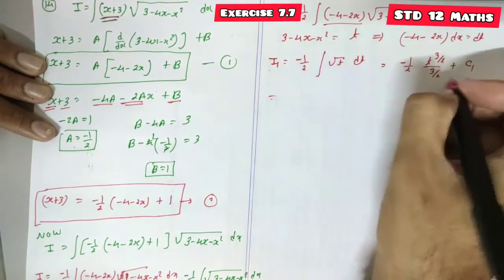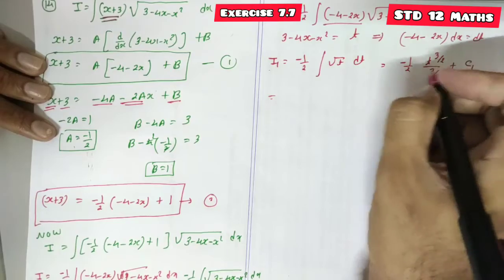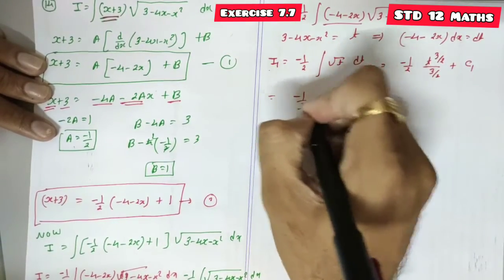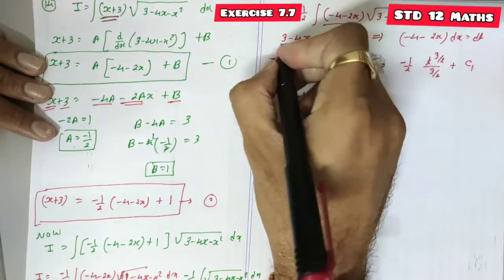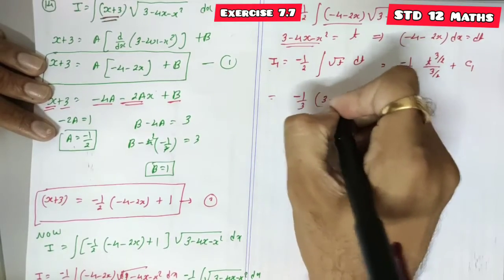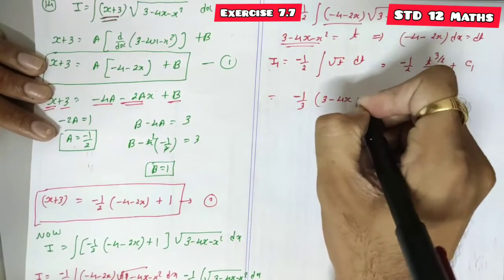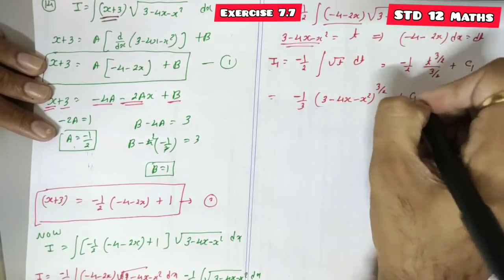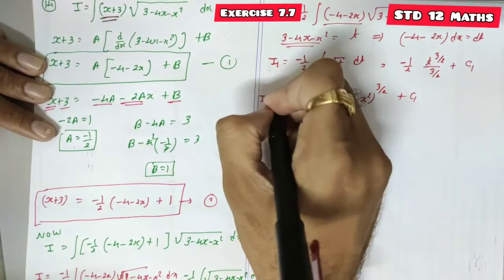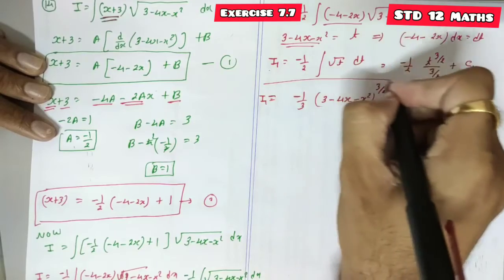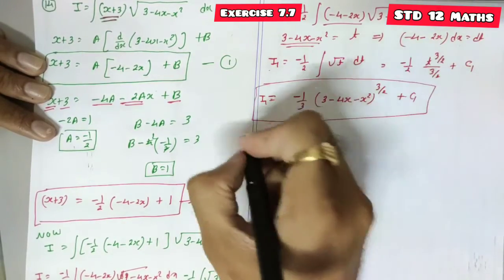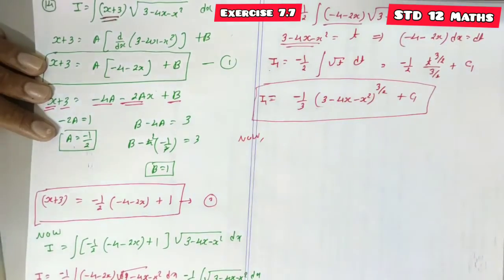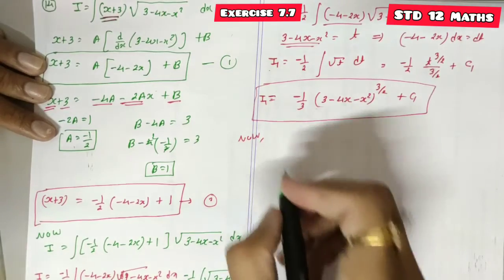Replace the value of t, and these 2 will go into numerator, so 2 cut, so it's a minus 1 by 3 t. Our t is this one, 3 minus 4x minus x square raised to 3 by 2 plus c1. This is our integration I1. Integration I1 done. Now we have to find integration I2.